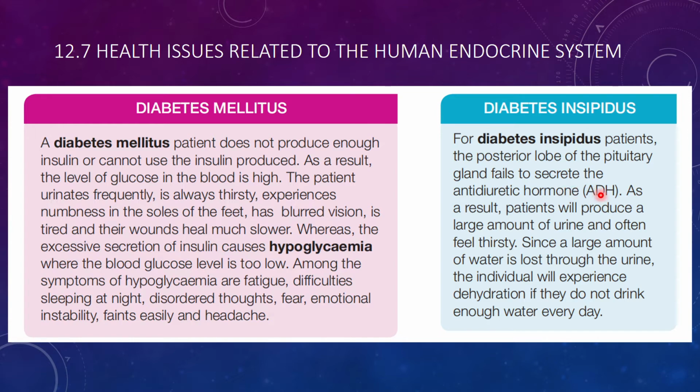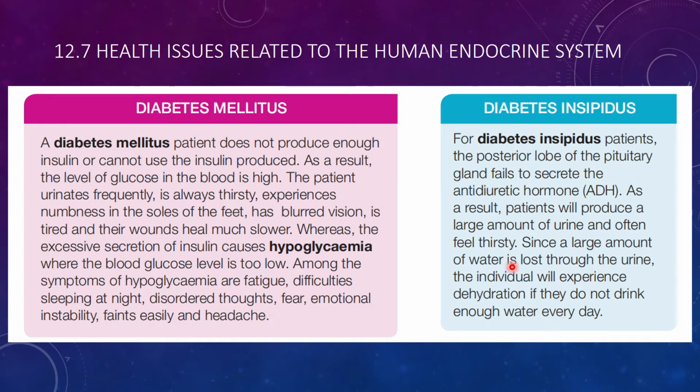So in a patient lacking this ADH, water fails to be reabsorbed in the kidney tubule. So this results in the patient producing a large amount of urine, and they often feel very thirsty because they are excreting too much water. Since a large amount of water is lost through the urine, the individual will experience dehydration if they don't have enough water every day.